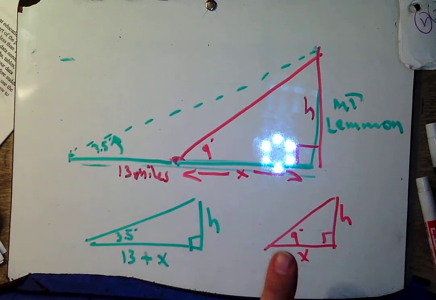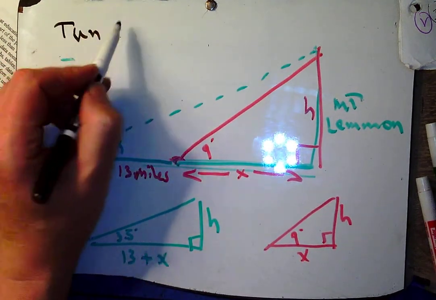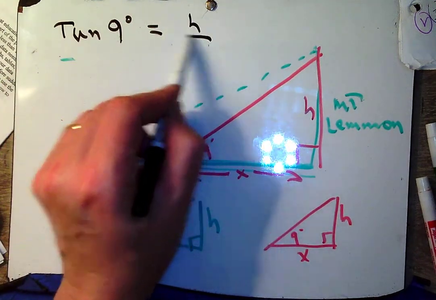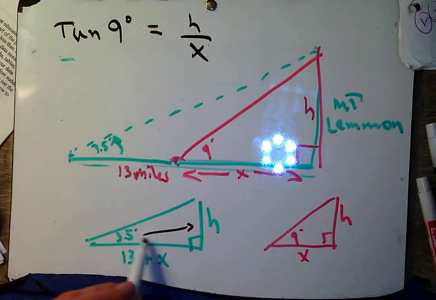Can you write me a trig equation for this picture? I think that would be great. That would be tangent of 9 degrees equals opposite over adjacent. And here, what equation could we write? Well, also tangent.